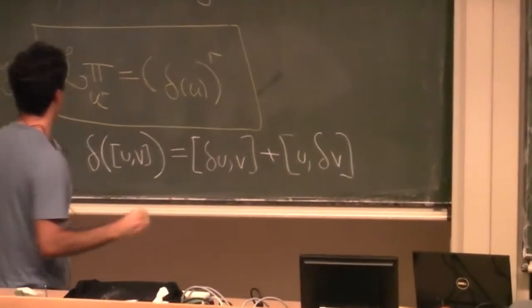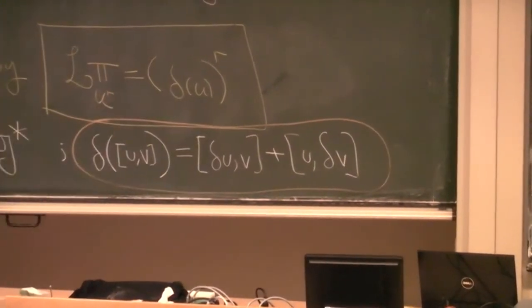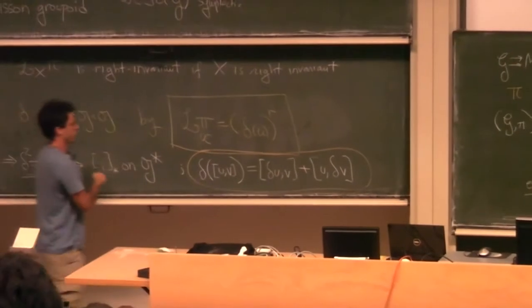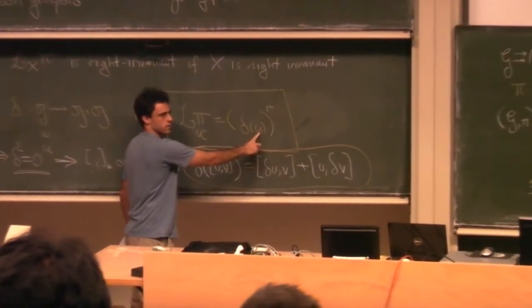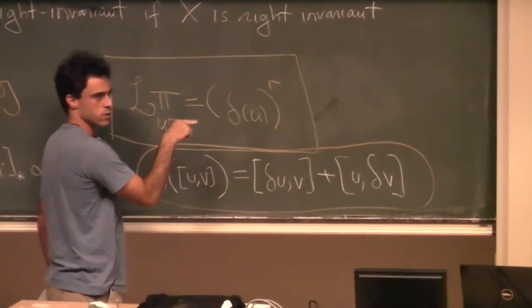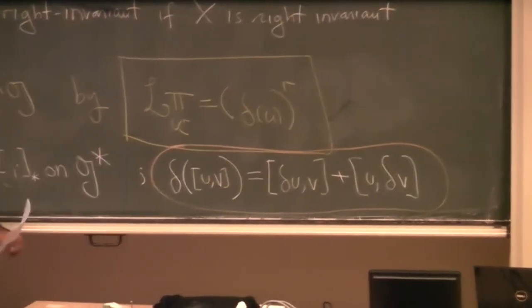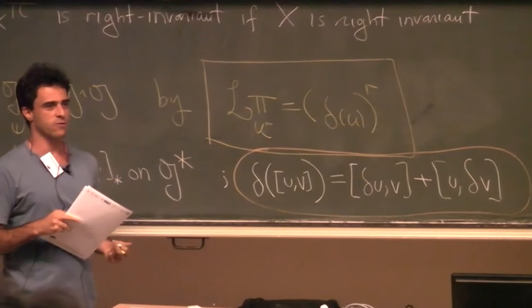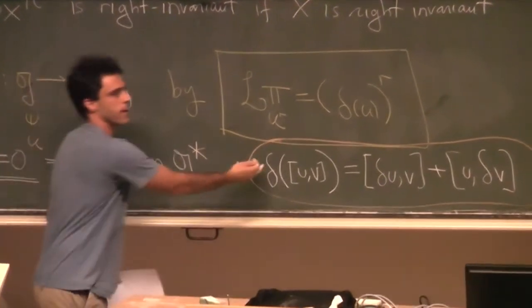And how do you see that right away? Basically what you do is, you put a U bracket V in here, and a U bracket V in here, and you expand this out. Remember that right invariant vector fields preserve the, well, for me the Lie algebra bracket is given by right invariant vector fields. So then you just get this equation right away.